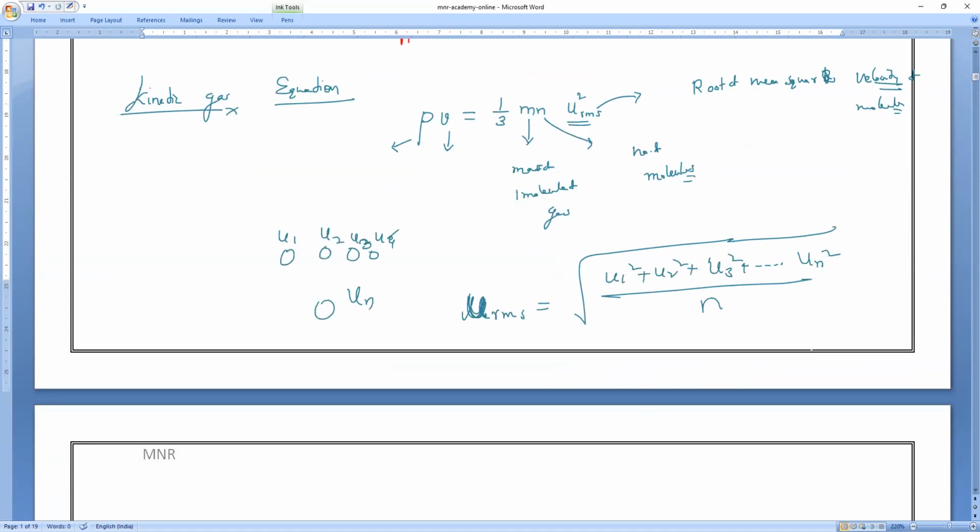That gives you the root mean square velocity. I hope you remember we multiplied with n divided by n like that. Today also we are going to do that.